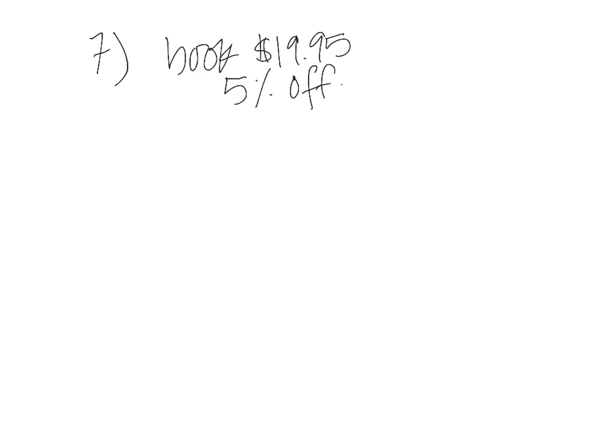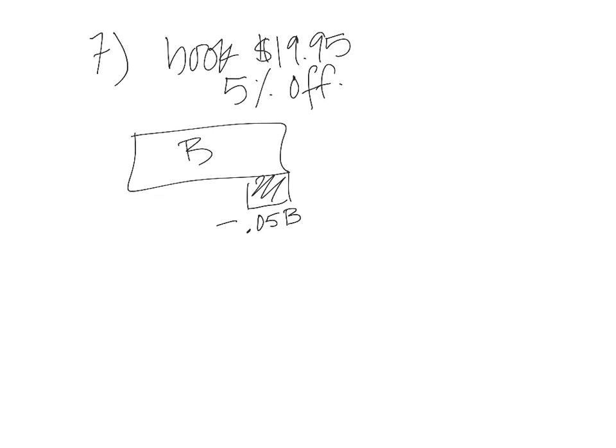Let's look at our next problem. Number 7 says the book is $19.95 and it's 5% off. So I'm taking my book and I'm taking away 5% of that book. So when I write this as an equation, I have B minus 0.05B.